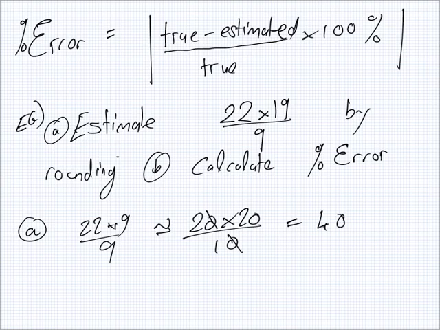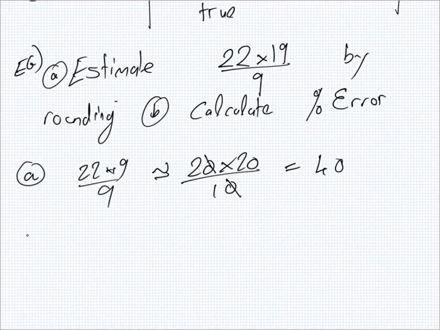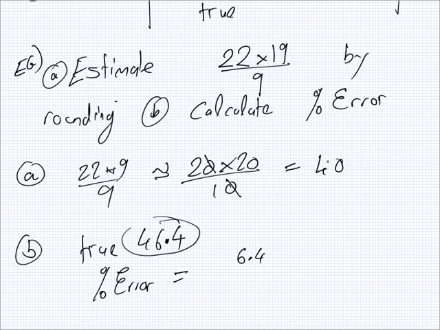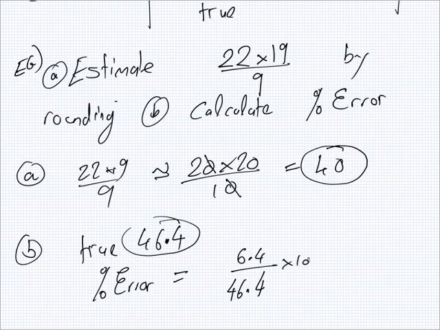Now, of course, 40 is not the right answer. So what is the true answer? 46.444. Okay. So the percentage error would be 6.4, because that's the difference between the true value and the estimated value, divided by 46.4, times 100.